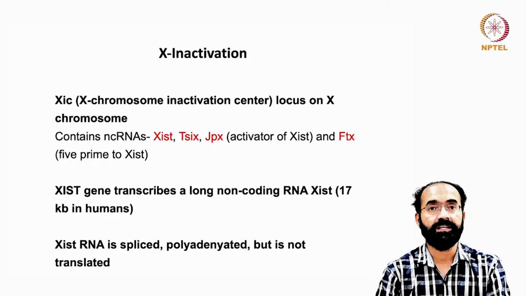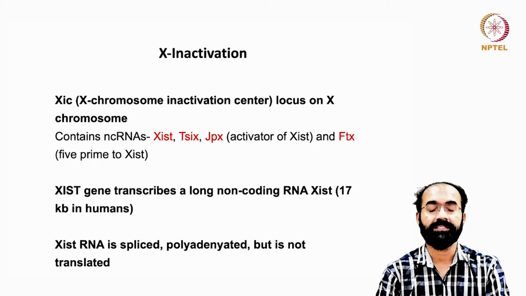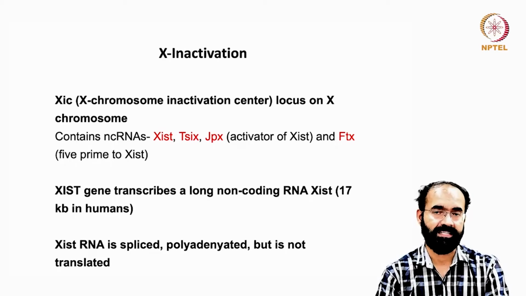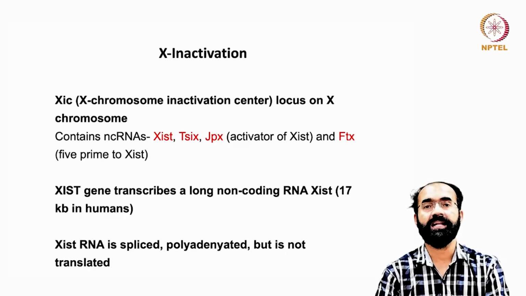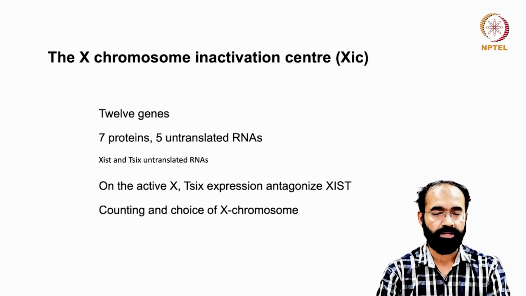And the Xist gene transcribes a long non-coding RNA, Xist, that is roughly 17 kilobases in humans, and Xist RNA is spliced, polyadenylated, but not translated, because it does not have the codons. So splicing and polyadenylation happens before it can coat onto the X chromosome.